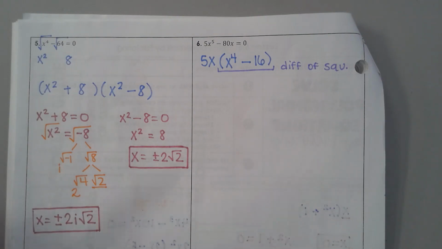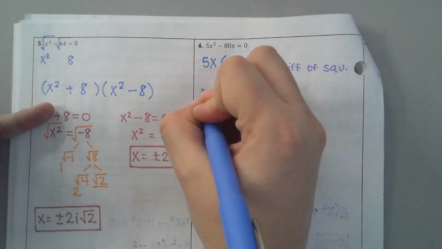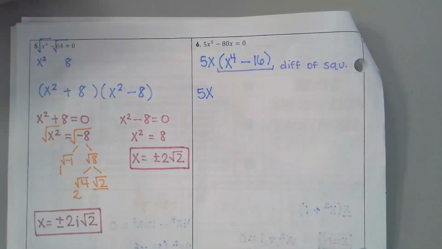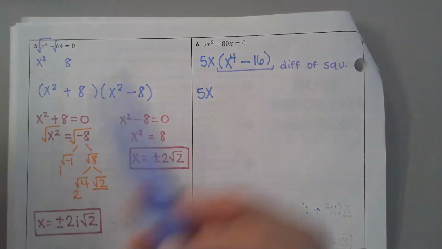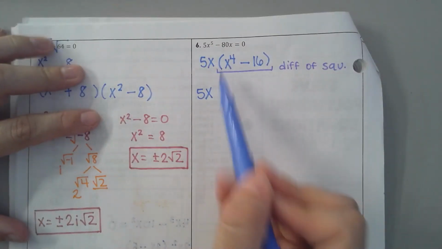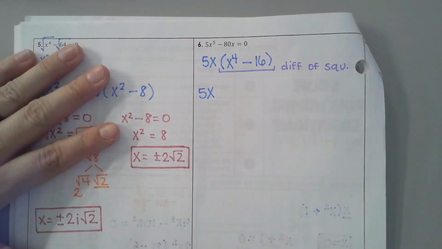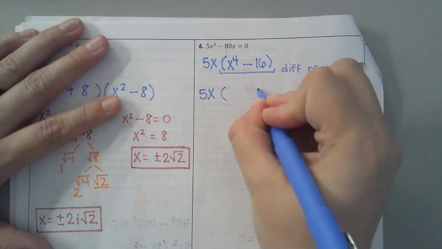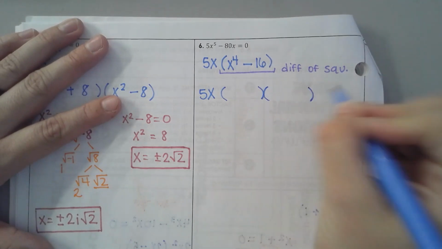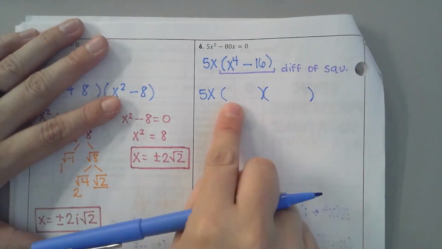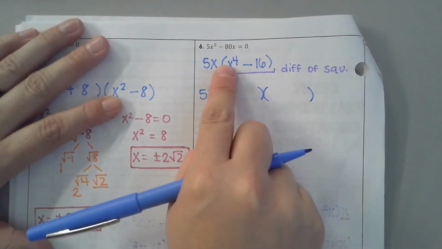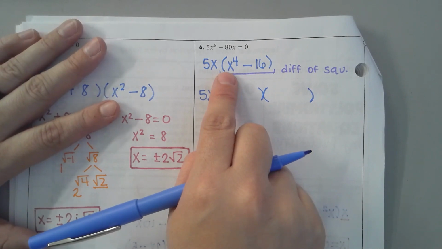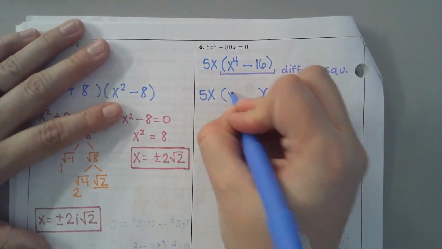And so I'm just gonna, your GCF, some of you on the quiz that you all took yesterday, you forgot to bring down your GCF. So your GCF always has to get brought down. And then in my parentheses, what's the square root of x to the 4th? X to the 2nd.